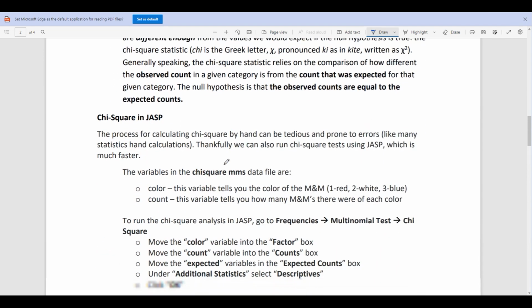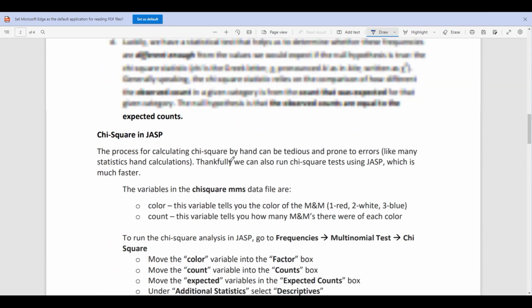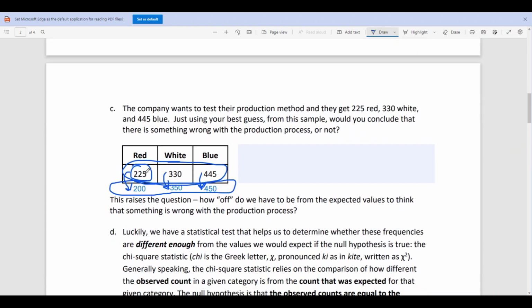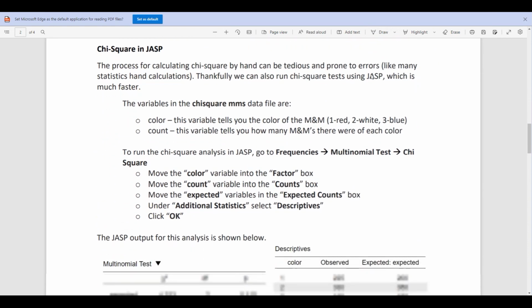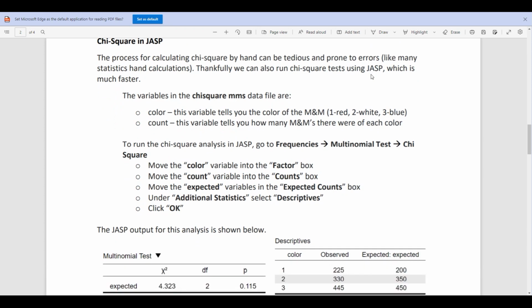So let's walk through this last scenario where we have 225, 330, and 445, and we'll compare them against our 20%, 35%, and 45% we began with. We'll use JASP to help us with this process so that we can draw some conclusion about whether we think something is off with the production process in that scenario.